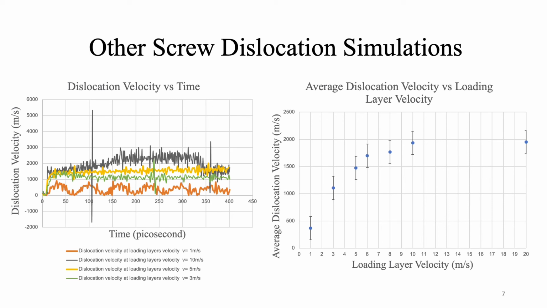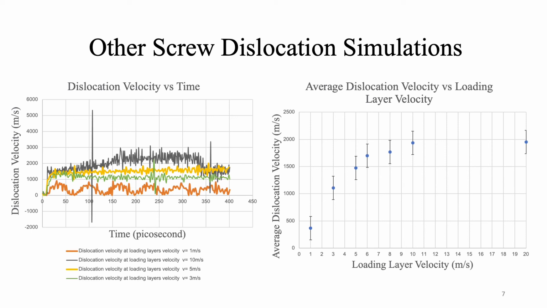The first graph from the left depicts the dislocation velocity over time at loading layer velocity v equal to 1, 3, 5, and 10. We notice that all graphs are positive except the one of 10 meters per second. All graphs are not constant.